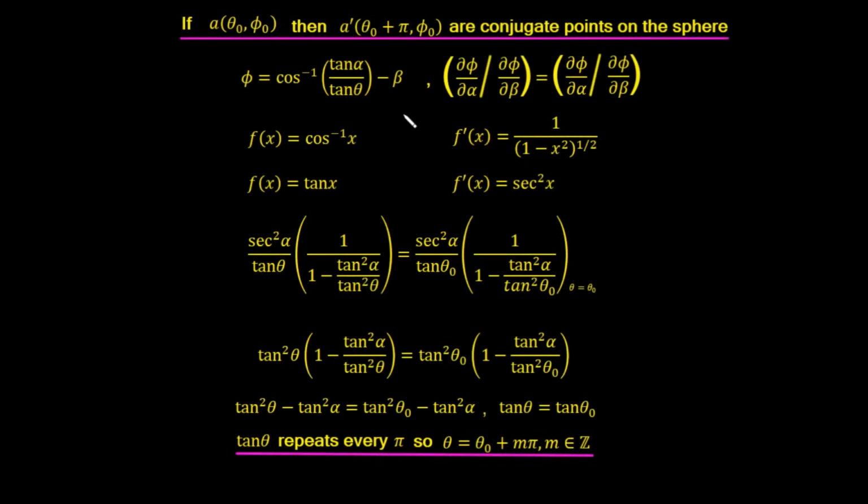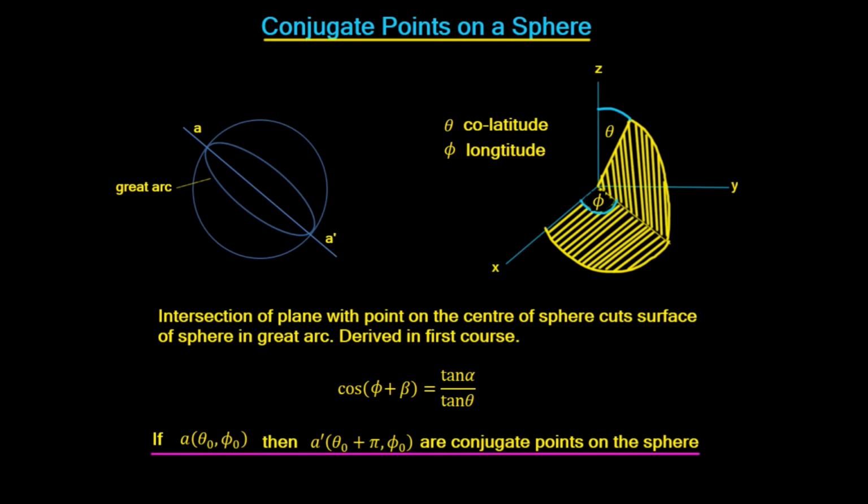So we're going to start off by making the angle theta the independent variable, and we'll make phi the dependent variable. So what we'll do is we'll rewrite our equation in this format here. So we'll write it in terms of phi in terms of the angle theta. So if we just go back to the previous slide here, you'll see that we've just rewritten this here with phi as the dependent variable.